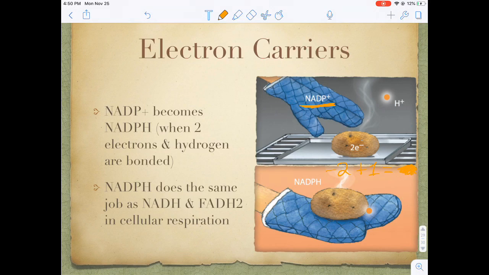Okay, -2 + 1 gives us an overall charge of -1. Now, NADP+ has a charge of +1. So overall, once all three of these things are together, we end up with NADPH, which is neutral. It's just holding on to these electrons so that they can't damage anything else in the cell.